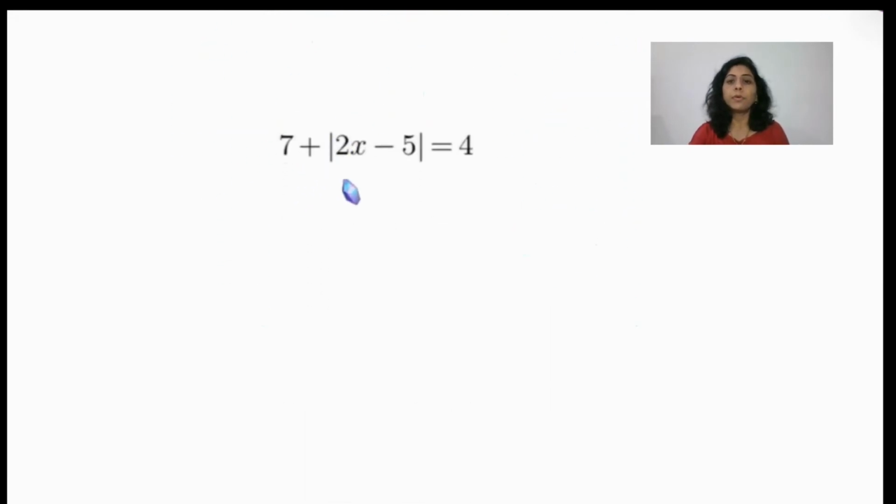Here we have to isolate this first. For this we have to subtract 7 from both sides. So we got the absolute value of 2x minus 5 equals minus 3, right? But look carefully here. The absolute value equals minus 3.